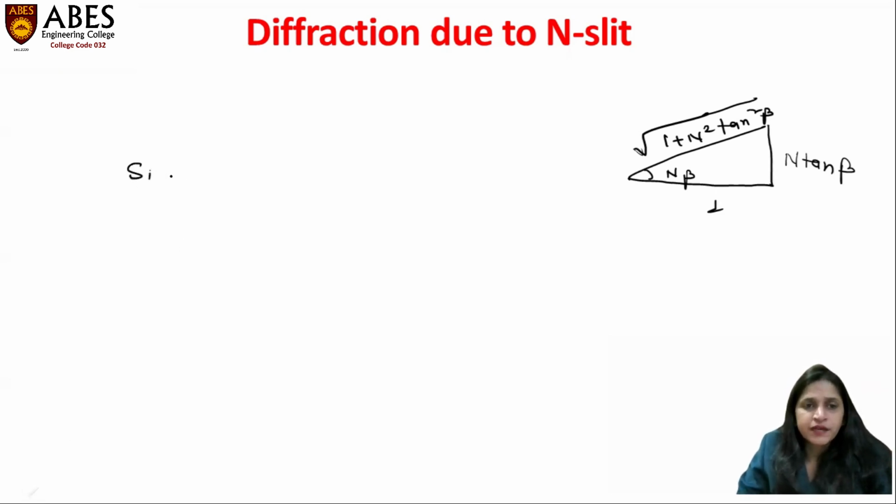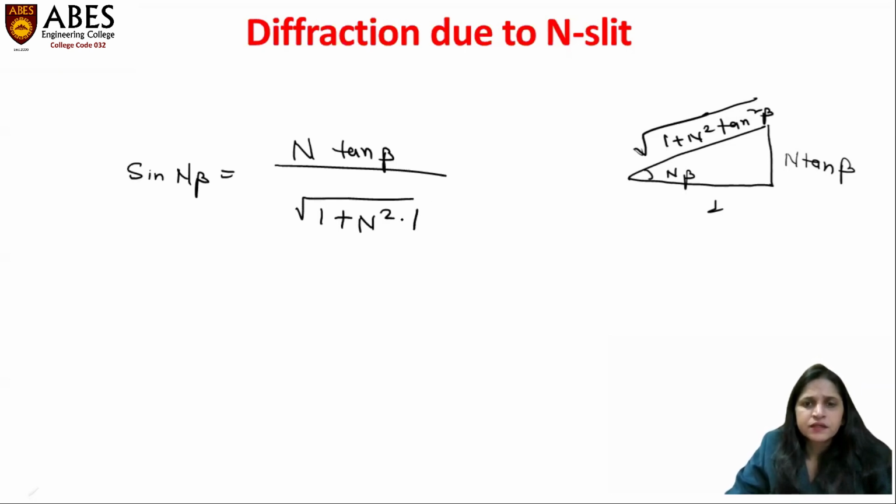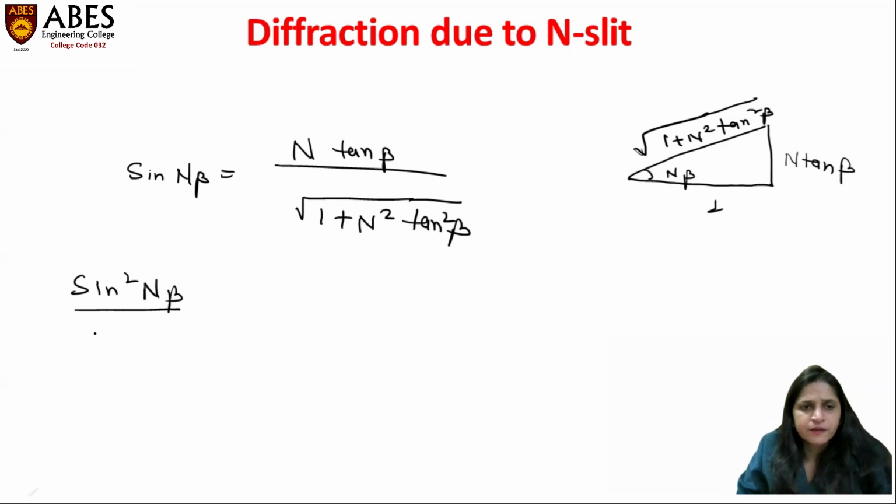So what will be sine n beta from the triangle? Tell me. Very right. It will be n tan beta upon under root 1 plus n square tan square beta. Okay. So we can write down that sine square n beta upon sine square beta, that is there in the intensity equation, the second term.